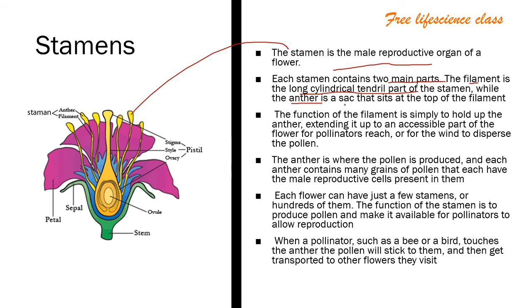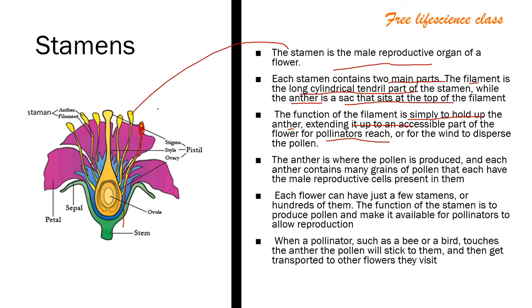It is a sac that sits at the top of the filament where the pollen grains are seen. So this is the filament, and here is the anther. The function of the filament is simply to hold up the anther, extending it up to an accessible part of the flower for pollinators to reach. So what is the function of the filament? The filament will hold the anther up.